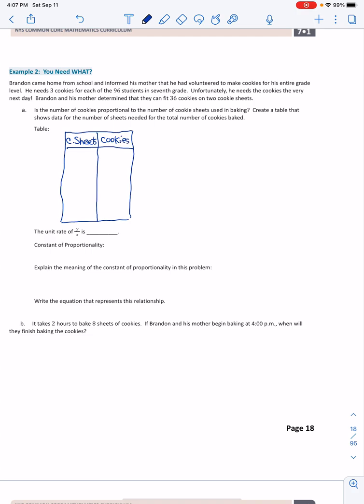And how did I determine that? This is my X value, this is my Y value. Remember, independent and dependent. I can have cookie sheets and not do anything with them, but I can't put cookies without a cookie sheet. So the next thing I'm going to do is I'm going to make lines here.